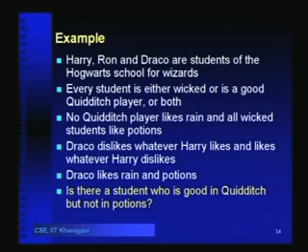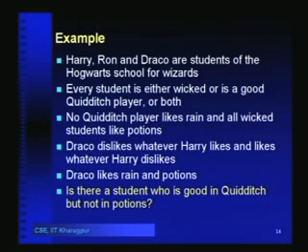Now the nice thing about the clause form is that you have all these sentences, each of them are going to give you some clauses, and the entire clause form is just the conjunction of all these clauses. So we can take one sentence at a time, convert it to clause form, take the next sentence, convert it to clause form, and then append all the clauses together to get the full clause form. So first sentence is Harry, Ron and Draco are students of Hogwarts School of Wizards. So let us say we have a predicate called student.